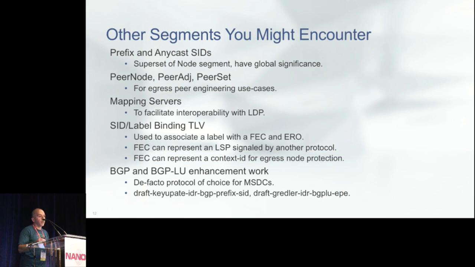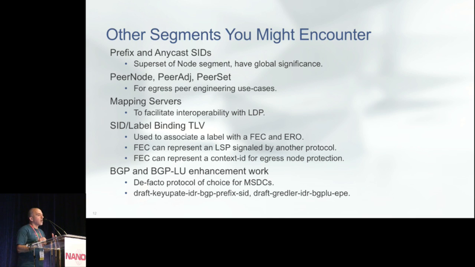Seriously, last thing on segment routing. This is just mostly for completeness. You will probably encounter a bunch of other segment types, which fundamentally are really similar to the first two that I mentioned, the adjacency and node, but they're used for different use cases. So there's peer node, peer adjacency, and all that.